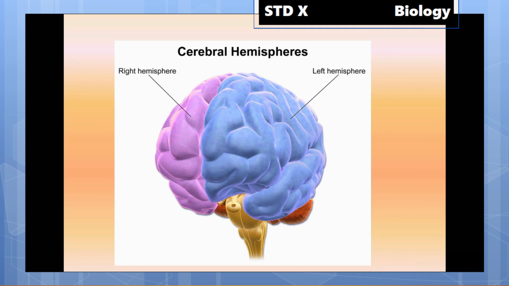Let's move to cerebrum. Cerebrum is the largest part of the brain and it's divided into right and left hemisphere. Two partitions or two divisions we can see when we have a closer look on cerebrum.